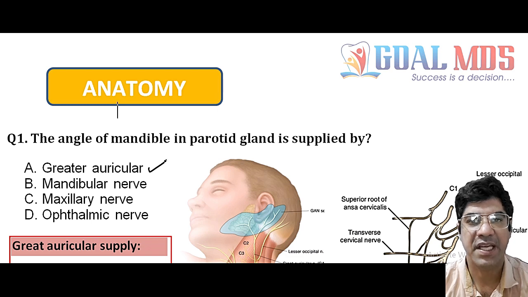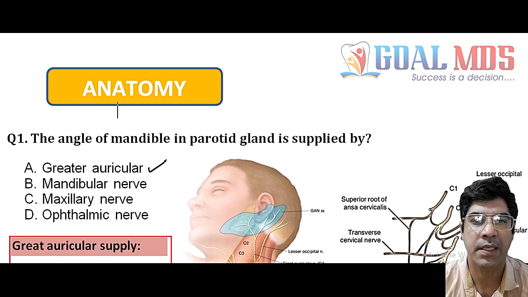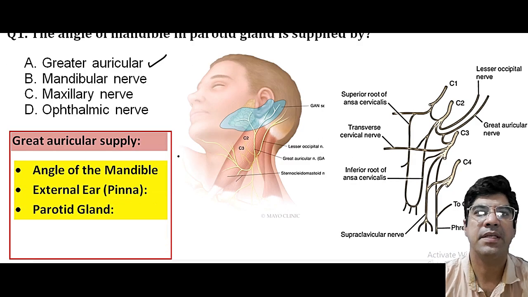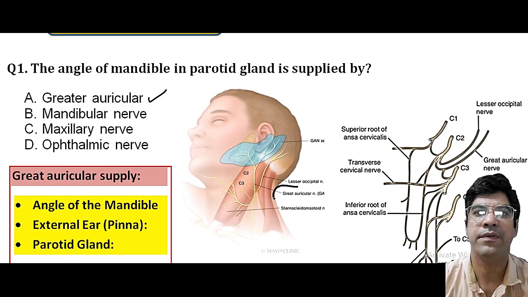So remember, the skin over the parotid gland and the angle of mandible is supplied by the greater auricular nerve. So remember this. This one is the great auricular nerve.